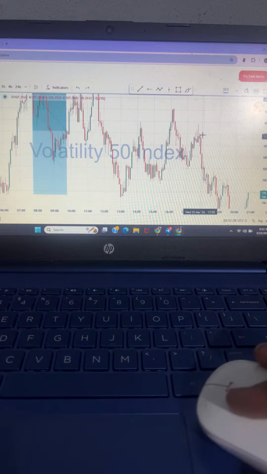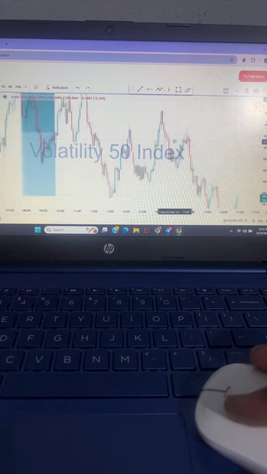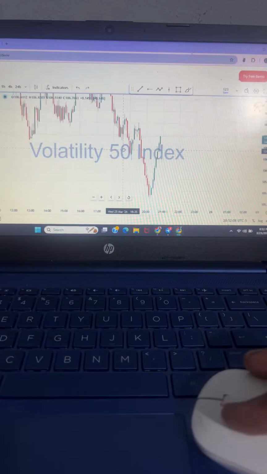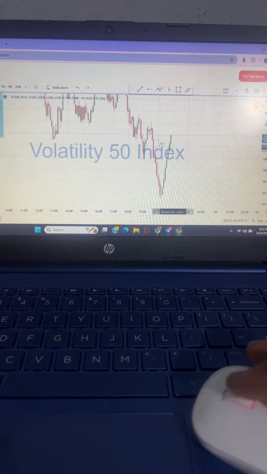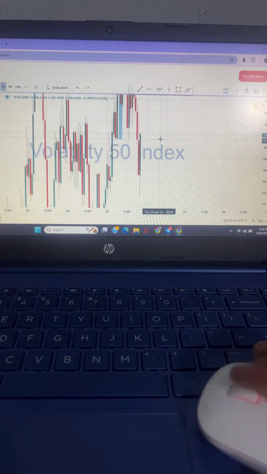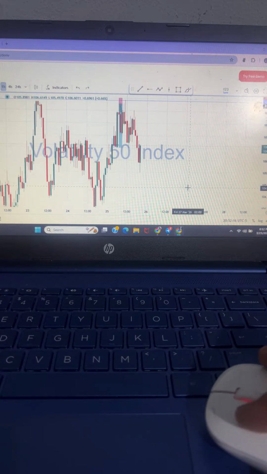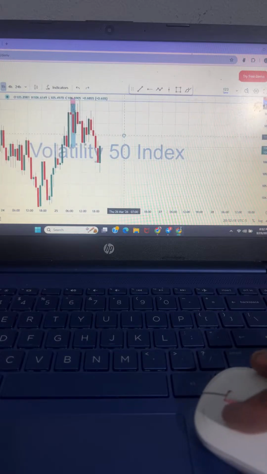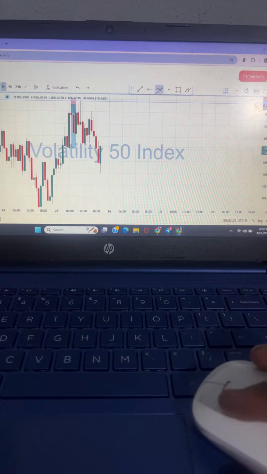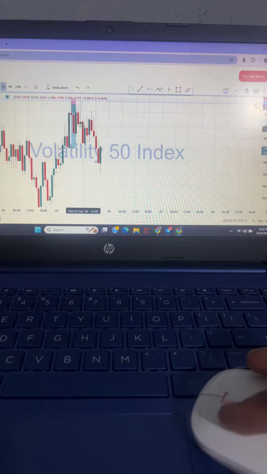Push down, push back up. Still haven't. Push down. Now we probably look for a range point. Go up on the one hour to see if we can find a range. I don't want to call this one right off.